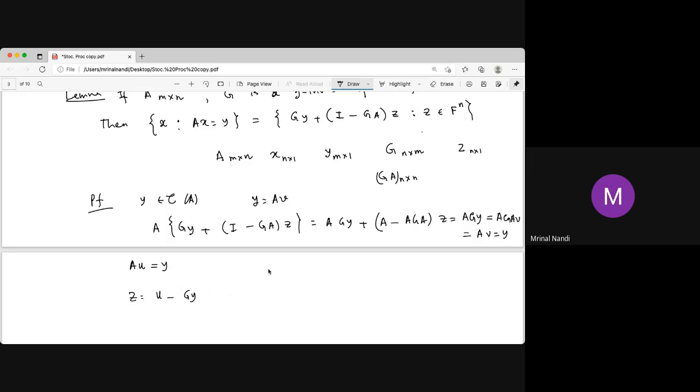Then Gy plus (I minus GA)(u minus Gy) gives Gy plus u minus Gy minus GAu plus GAGy.